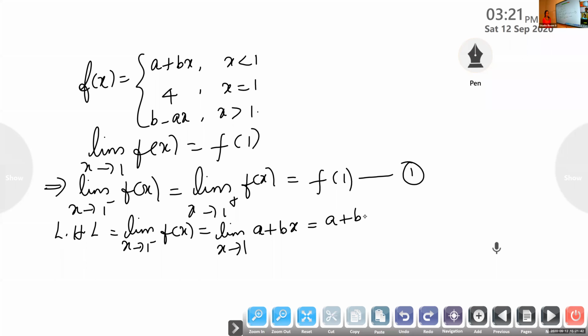Similarly, find out what is the right hand limit. What is the right hand limit here? Naureen, can you give the answer? Right hand limit?